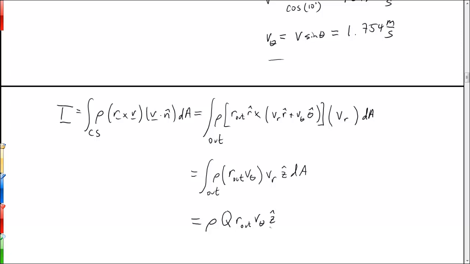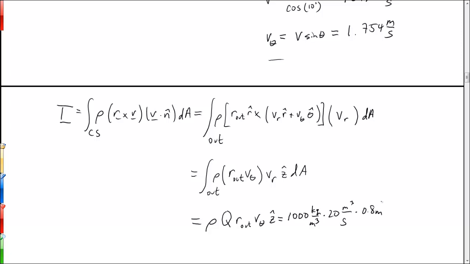But we know all of these items right now, so we can just write this is equal to the density, which we're going to take as 1,000 kilograms per cubic meter. Q, we've been told, is 20 cubic meters per second. The radius of the outlet of the stator is 0.8 meters.